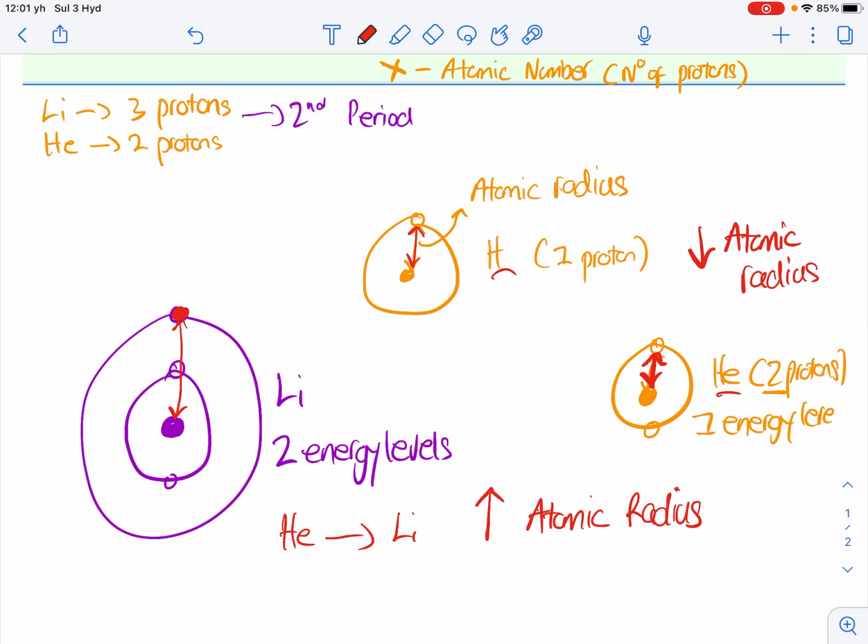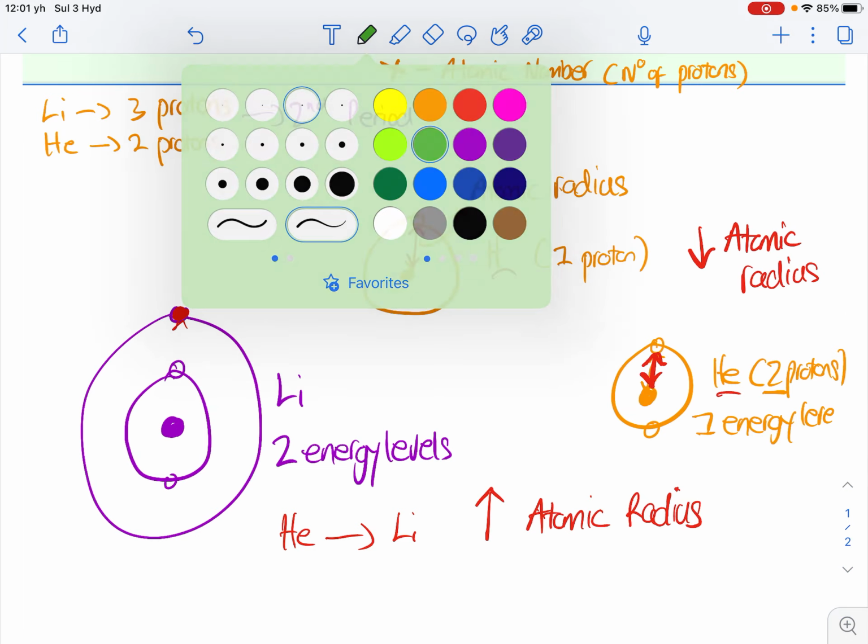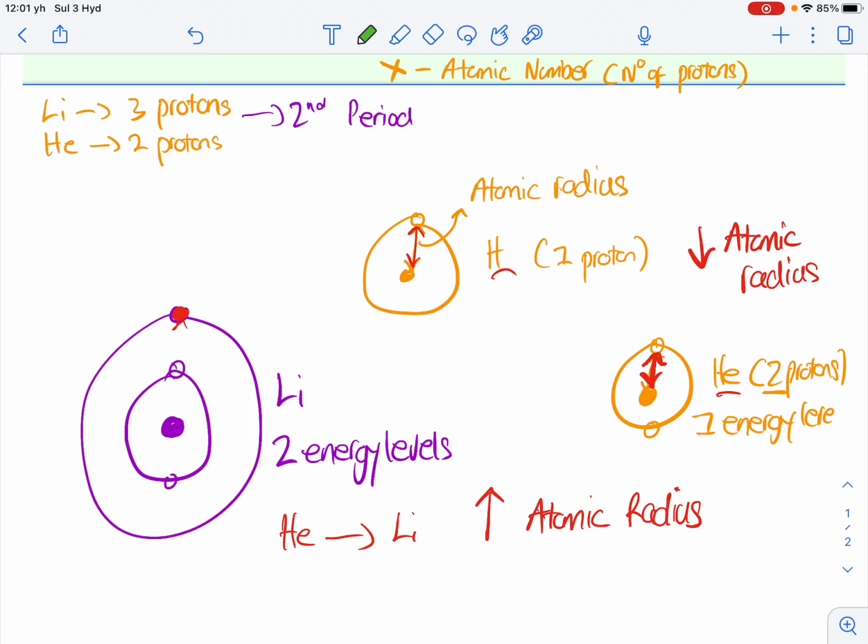Now, the other thing that's going on here, and I'll do this in a slightly different color, if I just get rid of this atomic radius. The other thing we have to remember is we have the valence electron, which is here, and we have these inner electrons, 1, 2. So these green ones here are our inner electrons. The other thing is electrons are negatively charged.